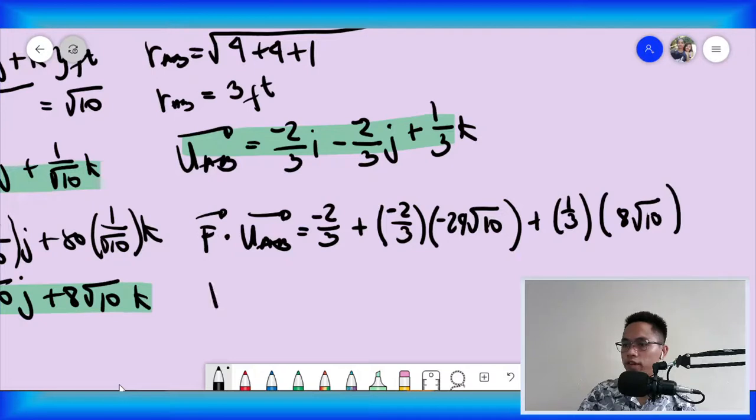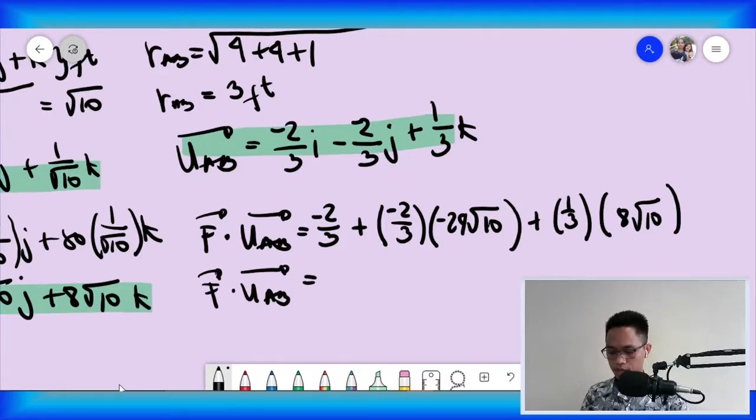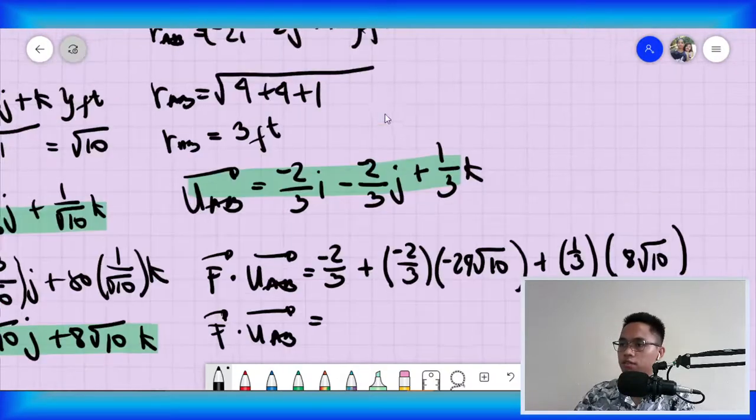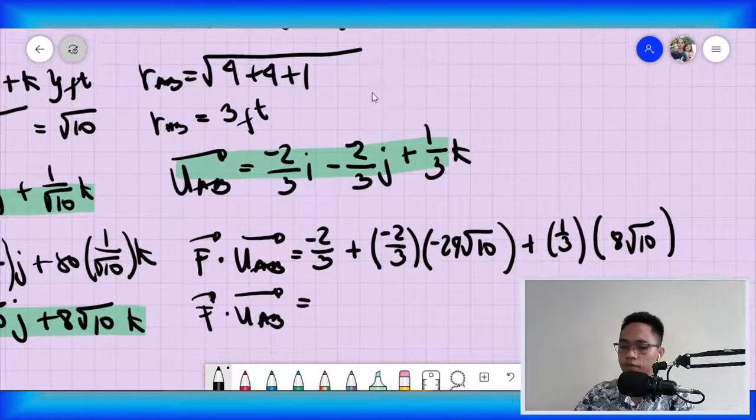So, therefore, the dot product is just equal to negative 2 over 3, are they all negative? Yes, that's negative.